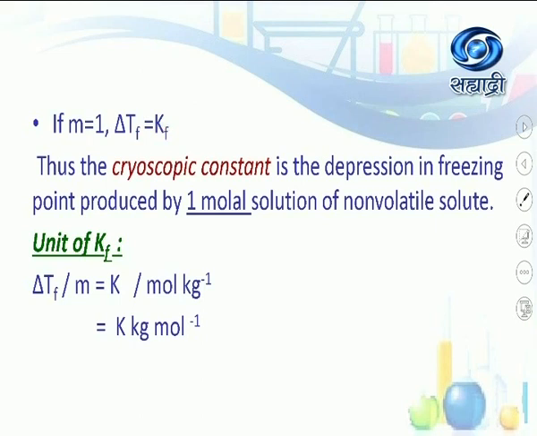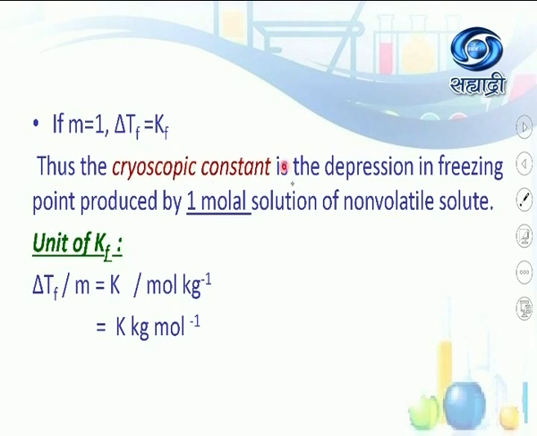say delta Tf is equal to Kf. So Kf is cryoscopic constant. So how to define cryoscopic constant? It is equal to delta Tf. But when? What is the condition? When the molality is equal to 1. That is, when 1 mole of a solute is present in 1 kilogram mass of a solvent.